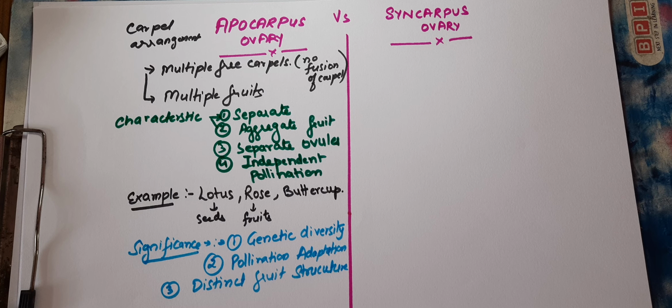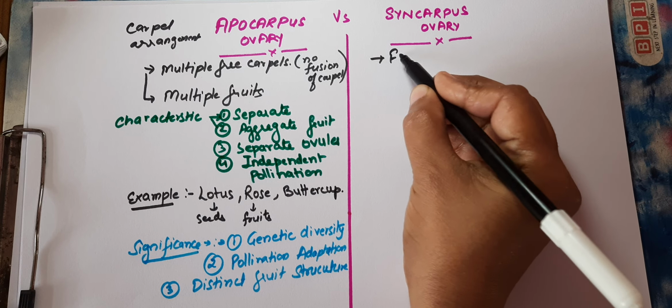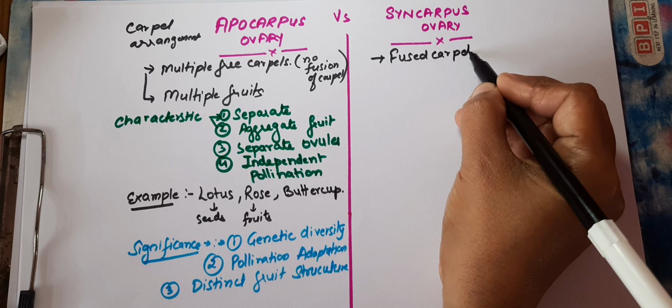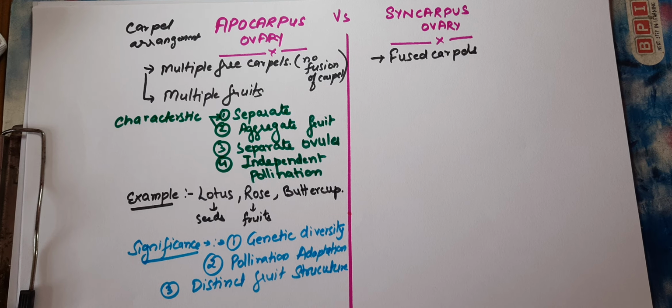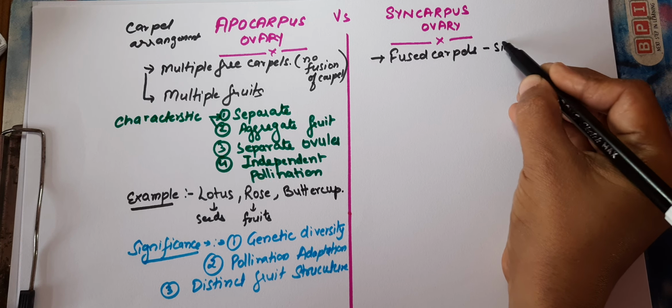Now let's talk about the syncarpous ovary. The syncarpous ovary consists of fused carpels. Due to the fusion, it will form a single compound structure, and this will lead to the formation of a single ovary.